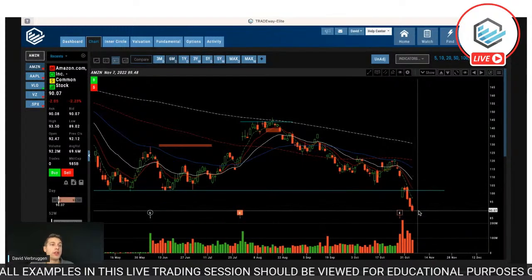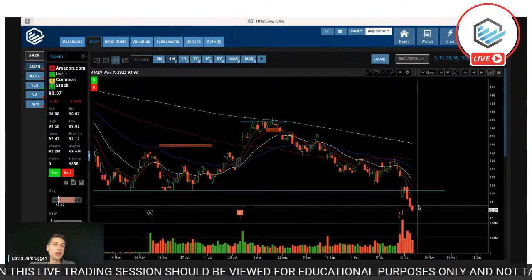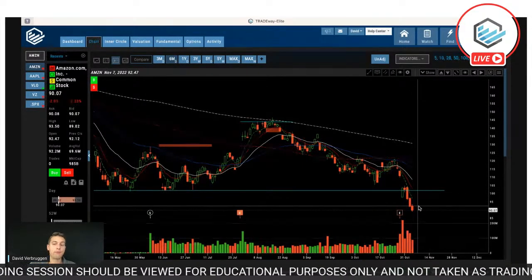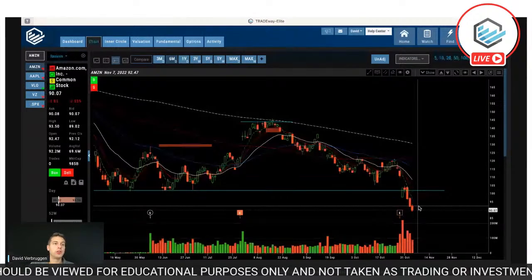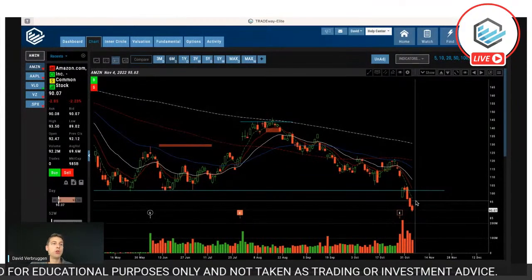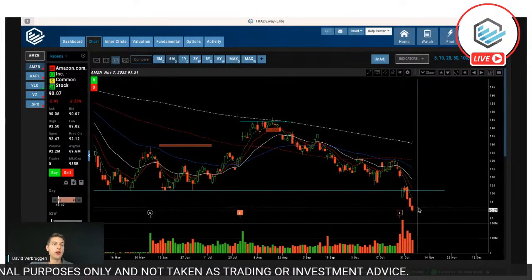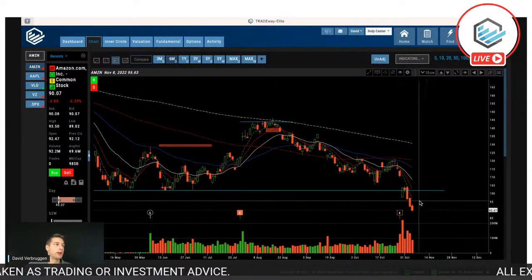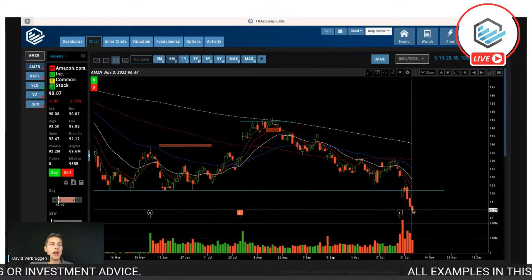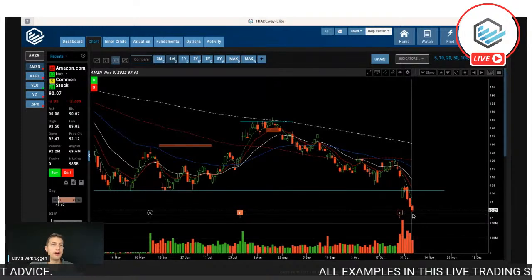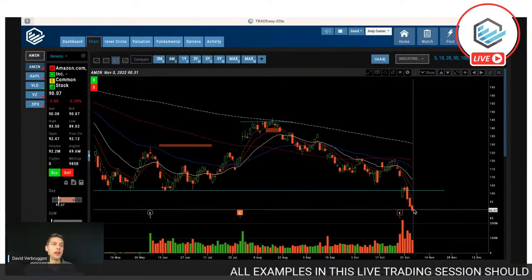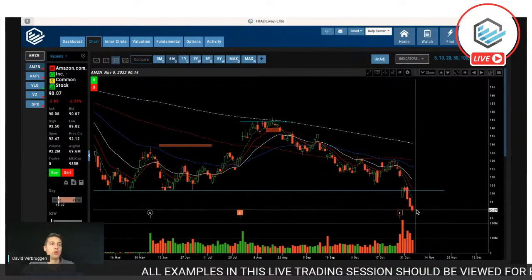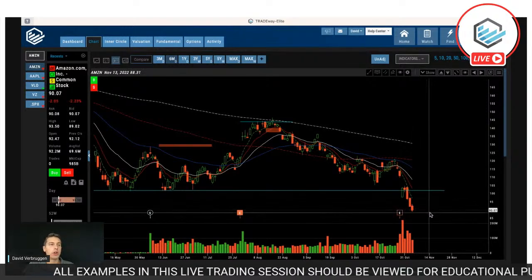And then just been racing down since then. If this thing is going to keep getting pushed down by the 5 EMA, it could go down for a while, but I would want to see it pull up a little bit at least. Maybe if you can come back up to the 5 EMA and then roll over, you could look at a potential bearish trade on that. But right now it's too far extended. It at some point is going to want to come back up before it goes down more.